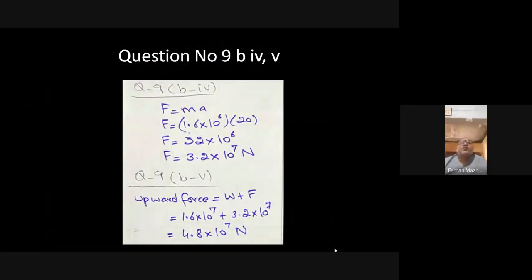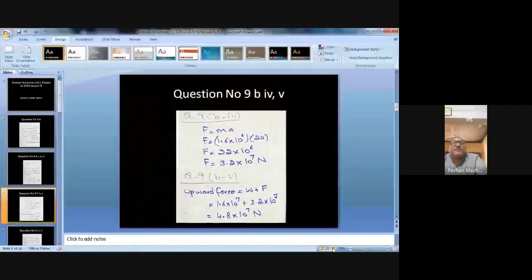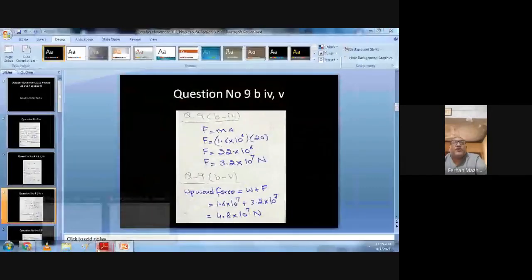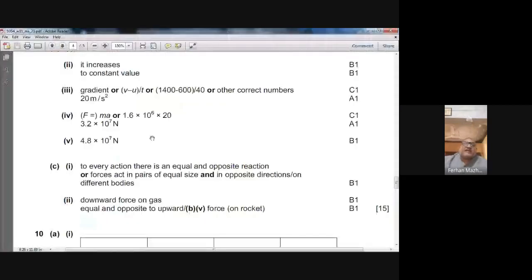The final answer will be 4.8 × 10^7 newtons. Let's check the marking scheme for this fifth part. The marking scheme says 4.8 × 10^7 newtons is the final answer. So it's good.